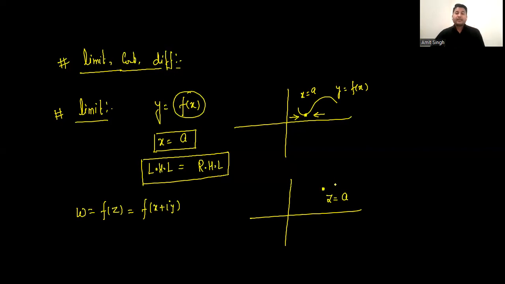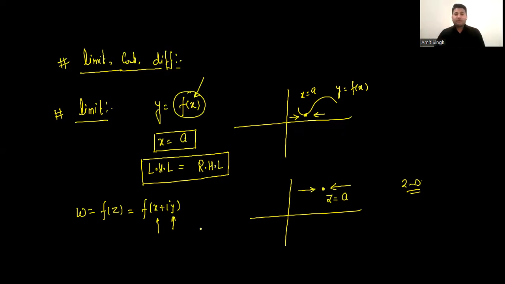Here, the same concept I am going to use. If we approach the point a from the left side and from the right side, and in both ways the limiting value is the same, can we say the limit exists? No. Why not? This is the difference. Now we are talking about two-dimensional geometry, a two-dimensional function. One is the x-axis, another is the y-axis. In the one-dimensional function only one dimension of movement is allowed.